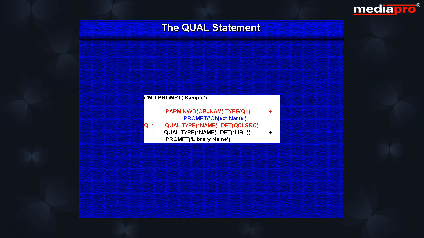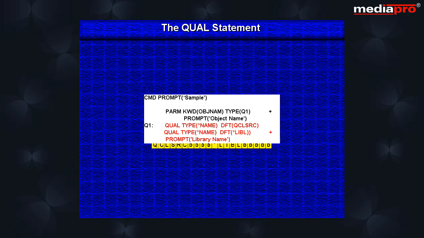The prompt text for the object name has to be specified on the parameter statement itself and is not allowed on the qualifier statement. The qualifier statement for the object has to be followed by the qualifier statement for the library. A parameter of the type *name has a default length of 10 characters.